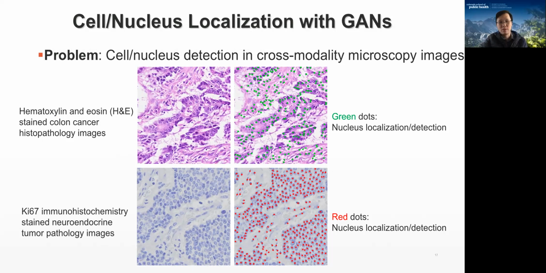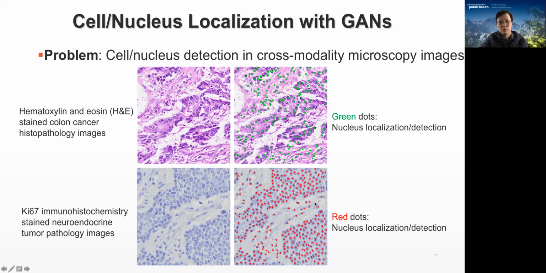In pathology, usually we have different types of microscopic image data, such as H&E stained colon cancer or Ki-67 immunohistochemistry stained pancreatic neuroendocrine tumor image data. So this data looks very different. We want to develop an algorithm to automatically locate all the nuclei. You can imagine that for this kind of image, it is very time consuming to do this manually.